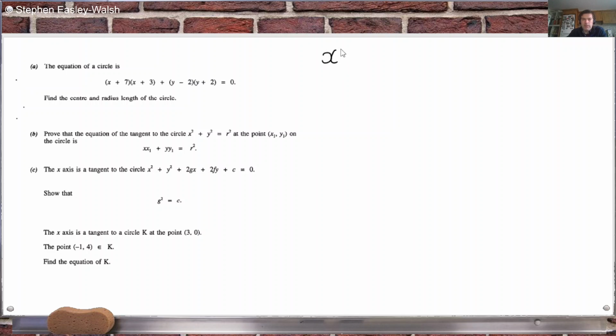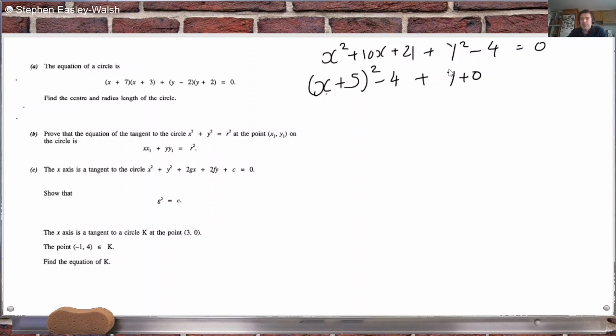So that's going to be x squared plus 10x plus 21 plus y squared minus 4 equals 0. So that would be (x plus 5) squared minus 4 plus (y plus 0) squared minus 4.